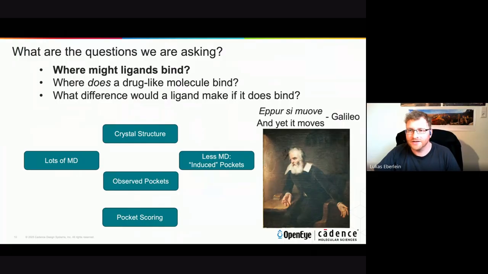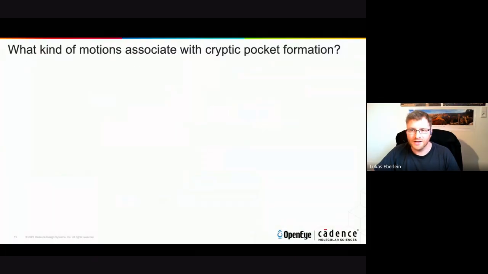So let's go ahead and try to answer the first question. How can we come up with a solution to the question, where might a ligand bind? In order to do that, we've been thinking hard about types of motion associated with cryptic pocket formation.